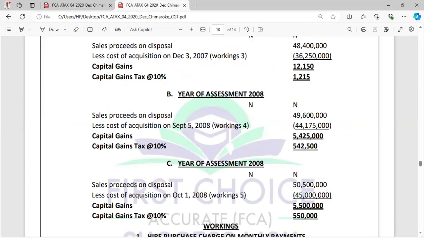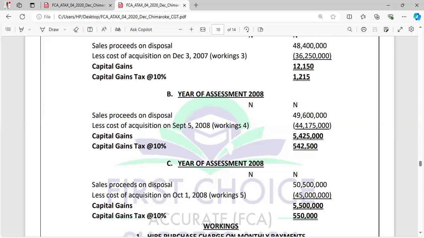Tax is at 10%, which is 550,000. Something you should note here is that in number C and number B, the year of assessment is 2008 because it was sold in 2008.